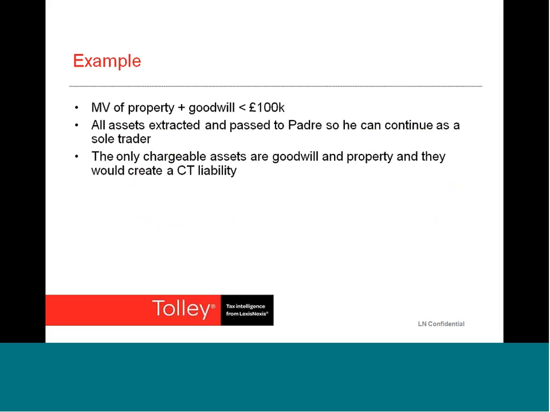Now, this goodwill and property would normally generate a chargeable gain if they were transferred to this connected person, because normally you'd say transfer at market value, work out the gain. If there's a gain, there's a corporation tax liability. But if you claim disincorporation relief, then there will be no gain, so there will be no corporation tax liability.